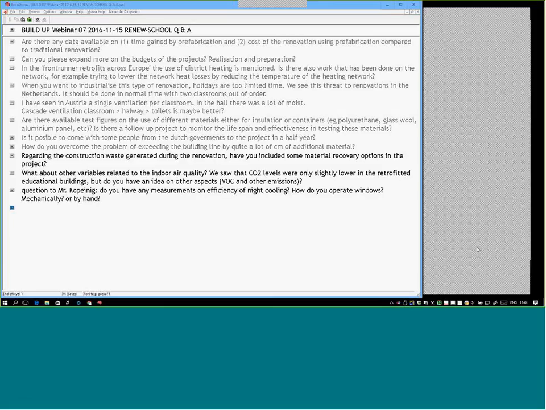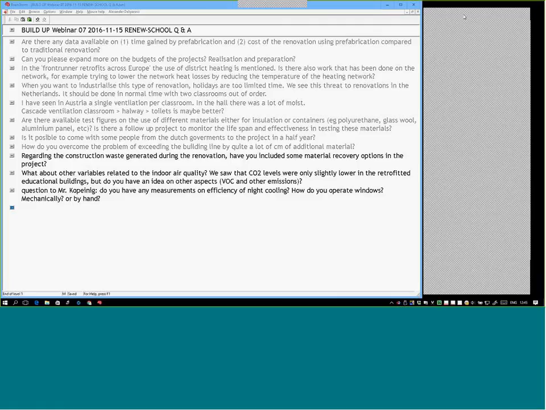There is another question to me. Do you have any measurements on efficiency of night cooling? How do you operate the windows, mechanically or by hand? The windows are operated mechanically, of course. The operation of the windows works perfectly, but in the beginning it was an insurance problem.